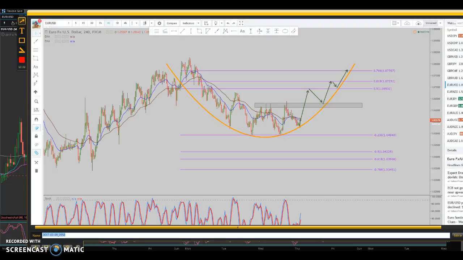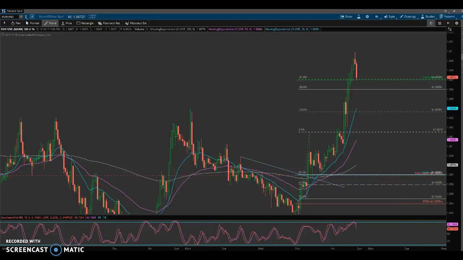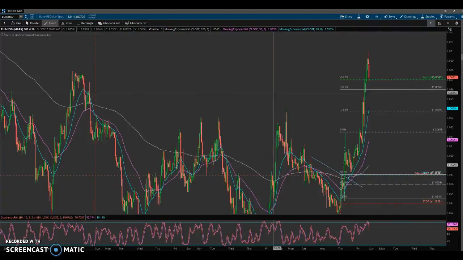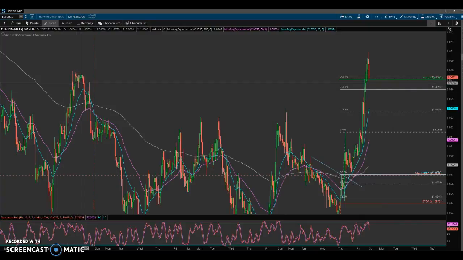I kind of anticipated us breaking the highs of last week, or actually earlier this week, or maybe that was Friday. I can't remember when this was exactly, but potentially testing these highs around 1.067. If I kind of scrunch it up a little bit, you can see there's an area of consolidation right there.